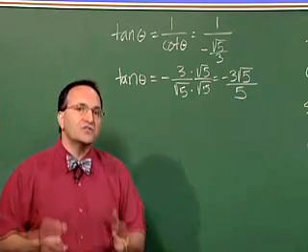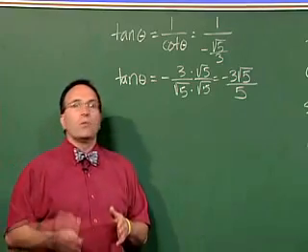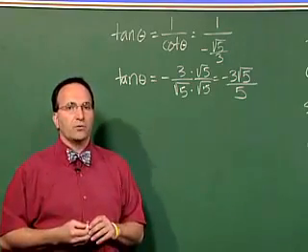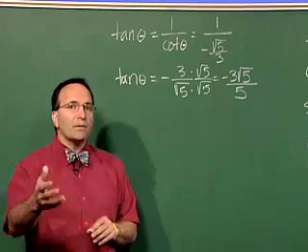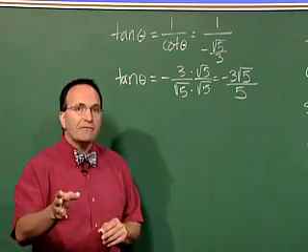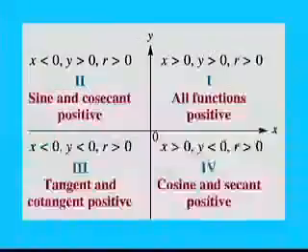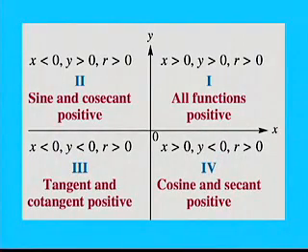So all 6 trigonometric functions will have positive values in quadrant 1. What about the other quadrants? Here's a graphic that shows the relationship of the trigonometric sine values to the quadrants in which the angle theta's terminal side lies.